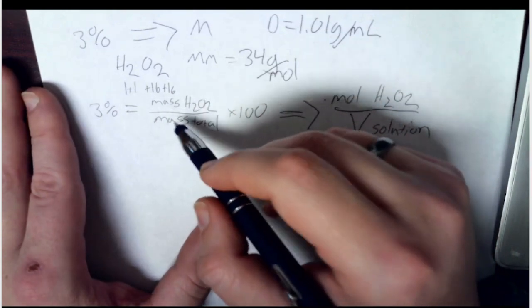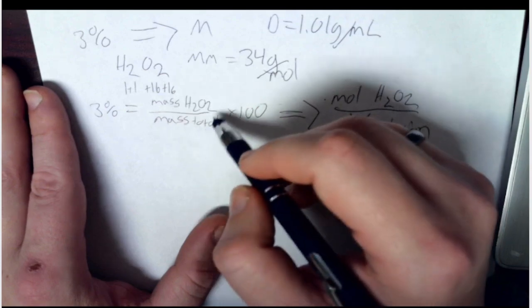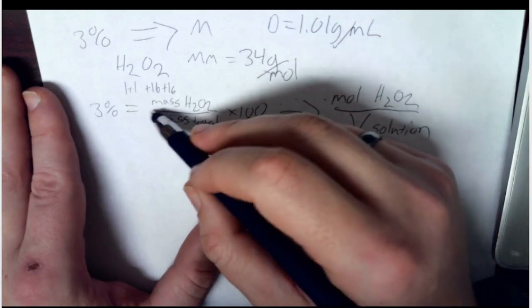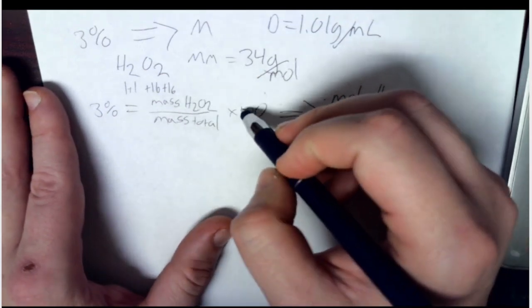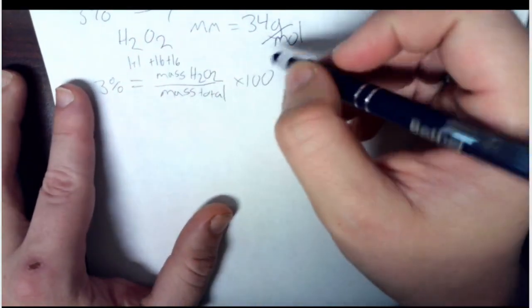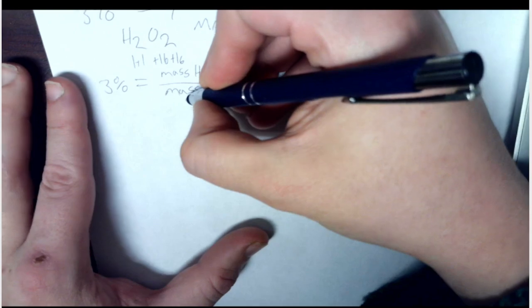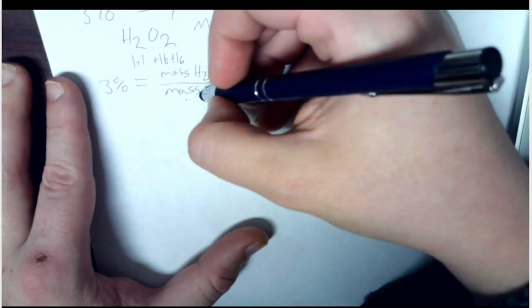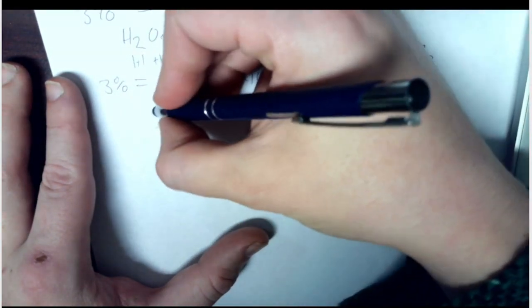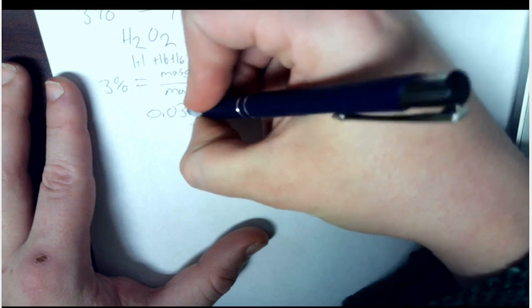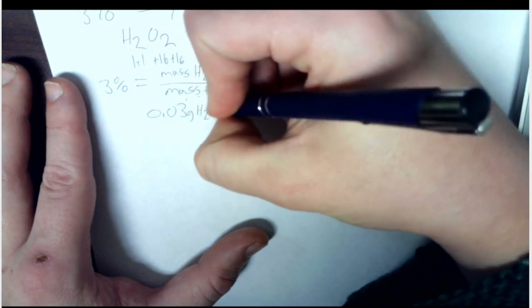So we have to make an assumption. That 3% relates to a ratio. The ratio says if I have 1 gram of solution, I would have 0.03 grams of H2O2 per 1 gram.